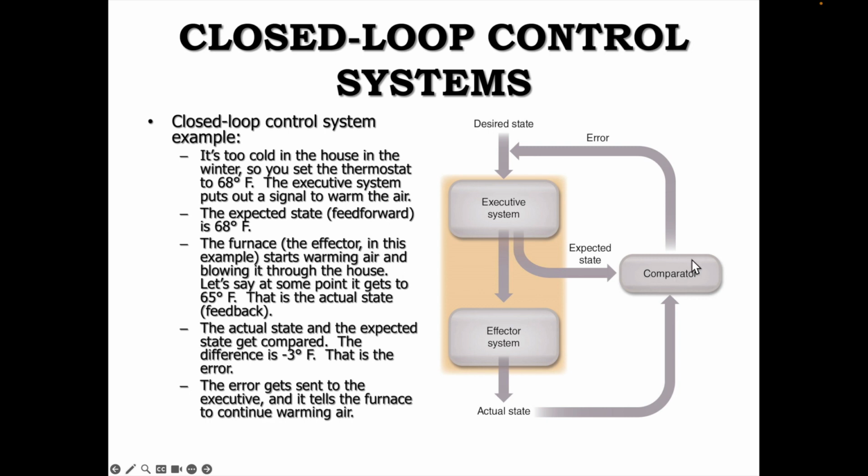The comparator figures out expected state 68 degrees, actual state 65 degrees, so there's a 3-degree difference between what we expect and what we actually have. Therefore, we have a 3-degree error. This error goes back to the beginning. The executive system takes this information and tells it that we need to keep warming the house, and then it repeats until the actual state is 68 degrees.